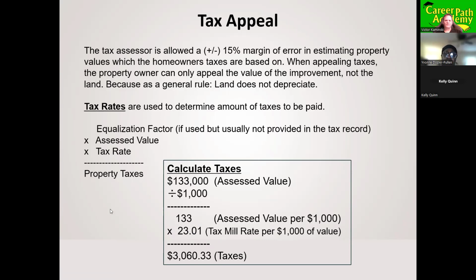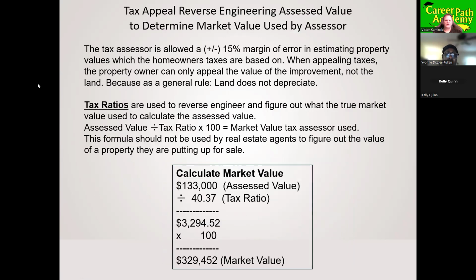Anyway, let's skip that one for now. Go to some other examples here using the same property. So here's a question. The tax ratios are used to reverse engineer and figure out what the true market value is that the tax man's using on your property, like we just did for your guys' properties. So you take the assessed value, divide it by the tax ratio if provided, and then multiply it by 100.